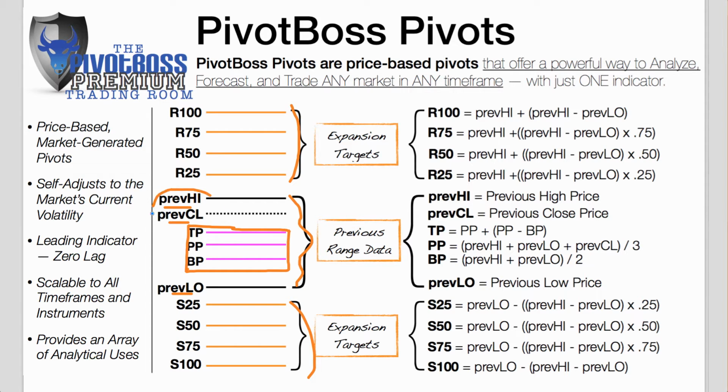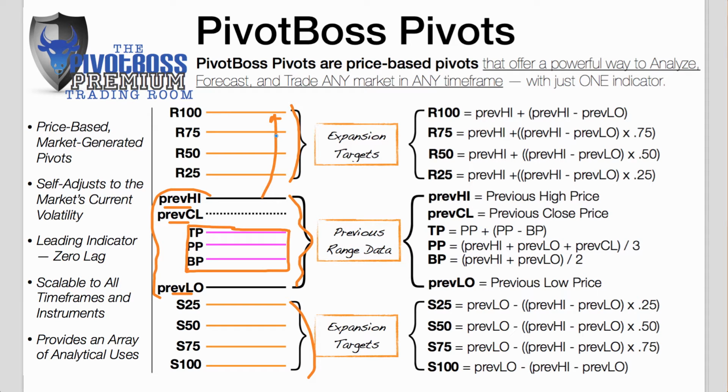And then when you're looking at the previous range data here from previous high, low, and close, you're able to identify who is attempting to influence the price action at those key levels, and then you're able to establish whether one set of market participants is winning and the other set is losing, or how it's playing out, and then you can judge your trade accordingly.